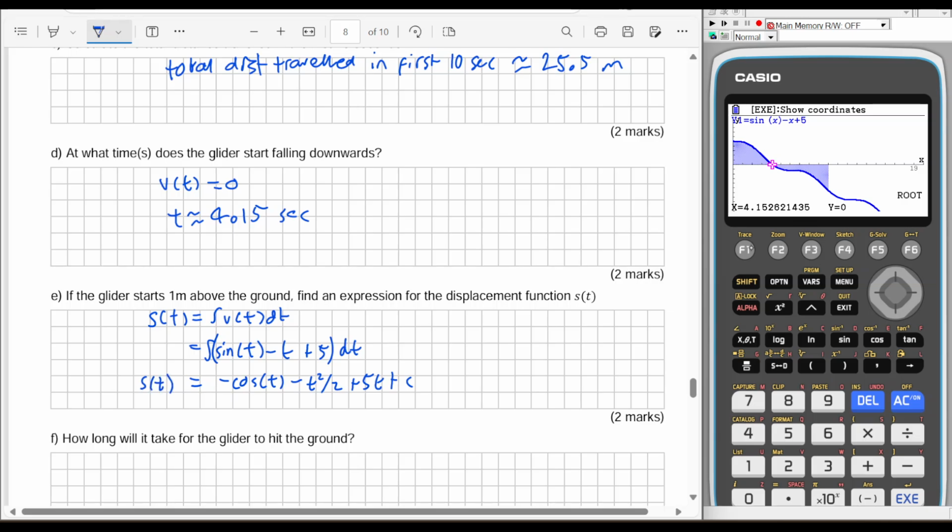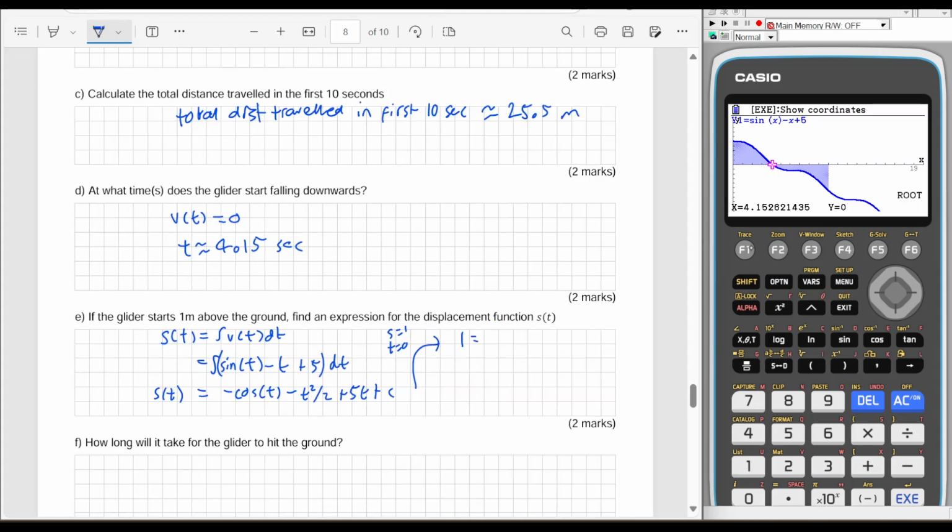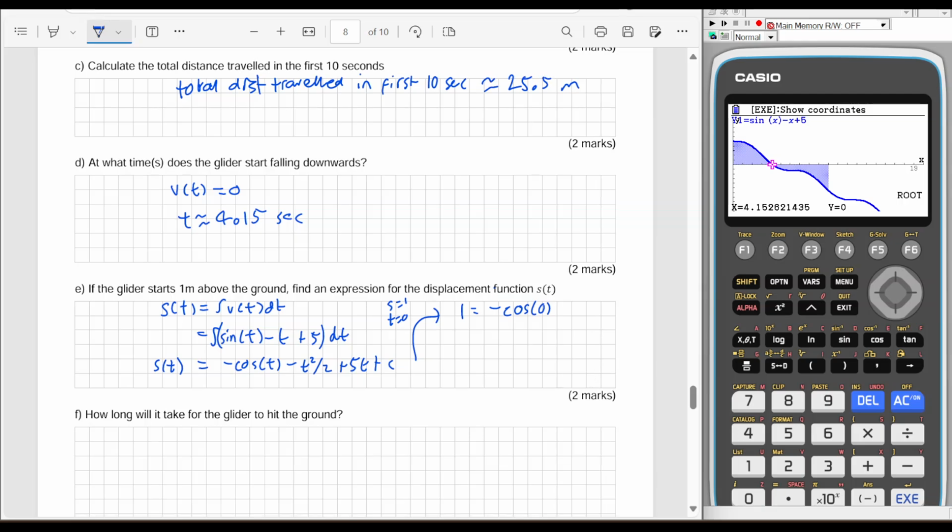Now, the glider starts 1 meter above the ground. So basically what you got to do is we've got to sub in s is 1, t equals 0 to find c. So 1 is minus cos of 0, take 0 squared over 2 plus 5 lots of 0 plus c.